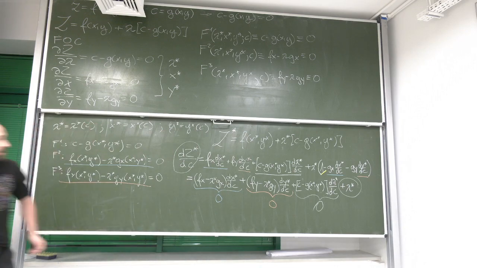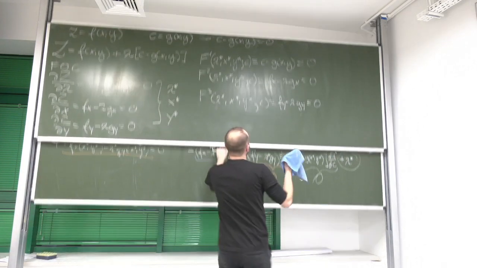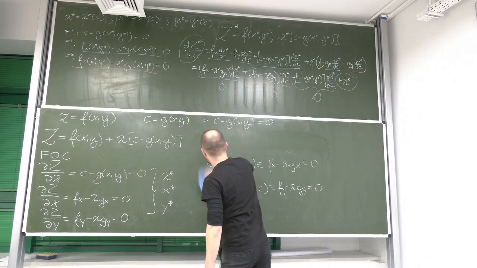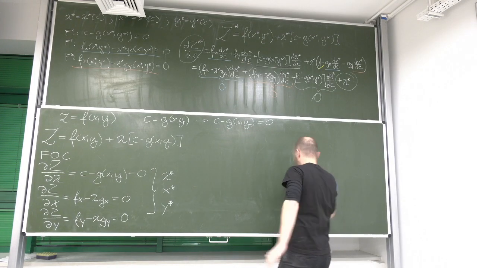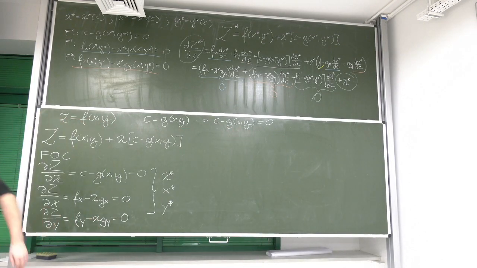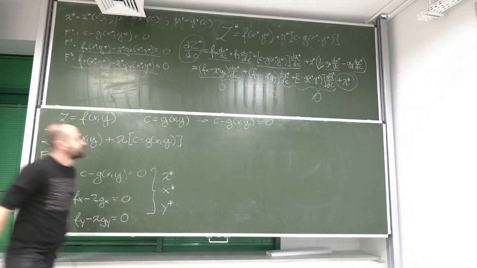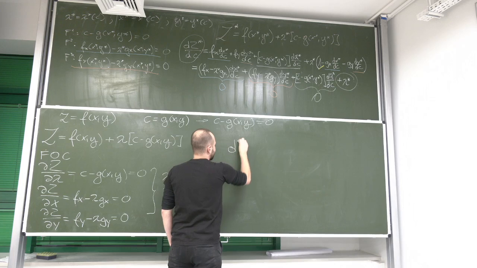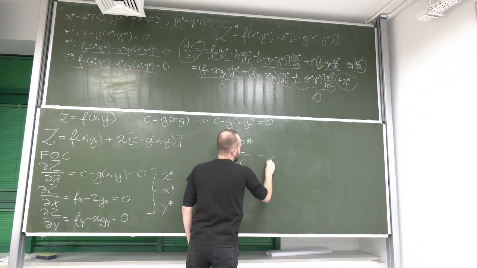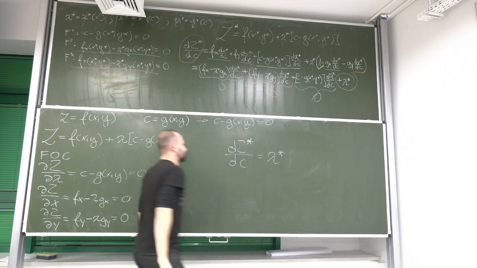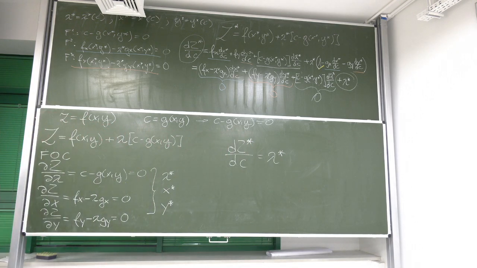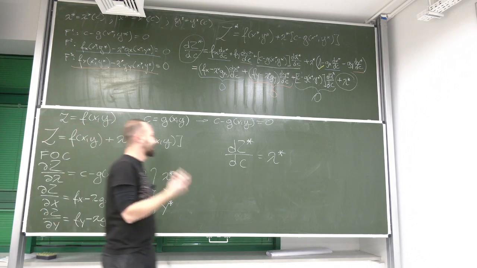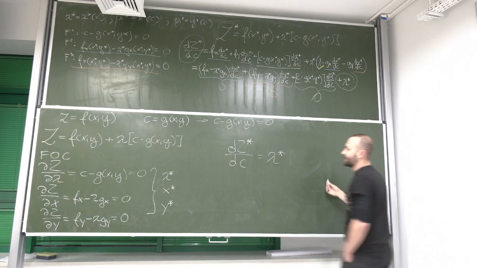Okay, so in other words, we get that dz dc is equal to lambda. And look, this is the proper interpretation of Lagrange multiplier.